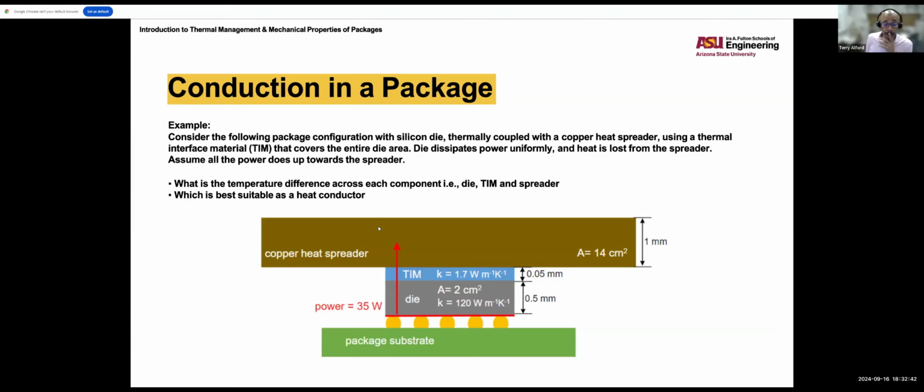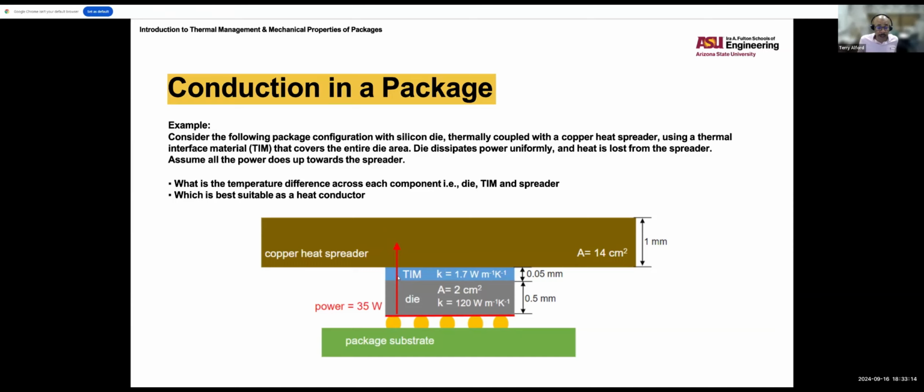Now, in this particular case, it's important for this example that the TIM has the same cross-sectional area as the die. So that means we have a path for any heat generated in the die to move into the TIM, and from there, it can move into the copper spreader.